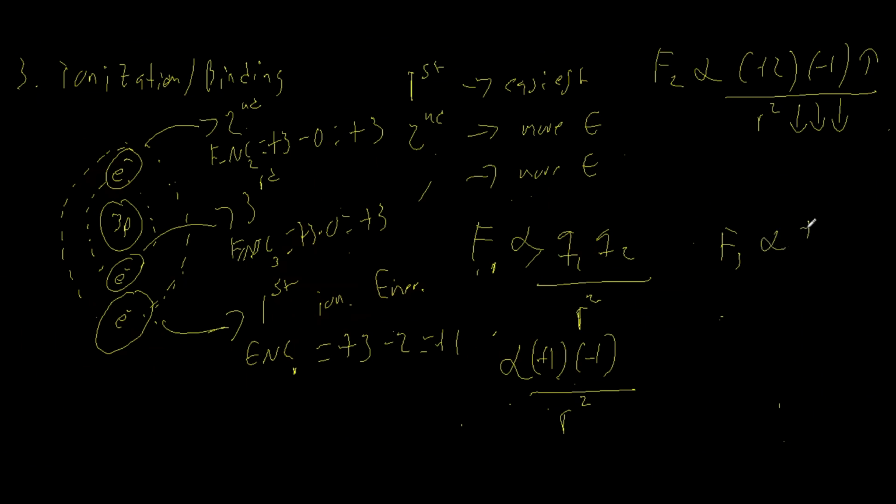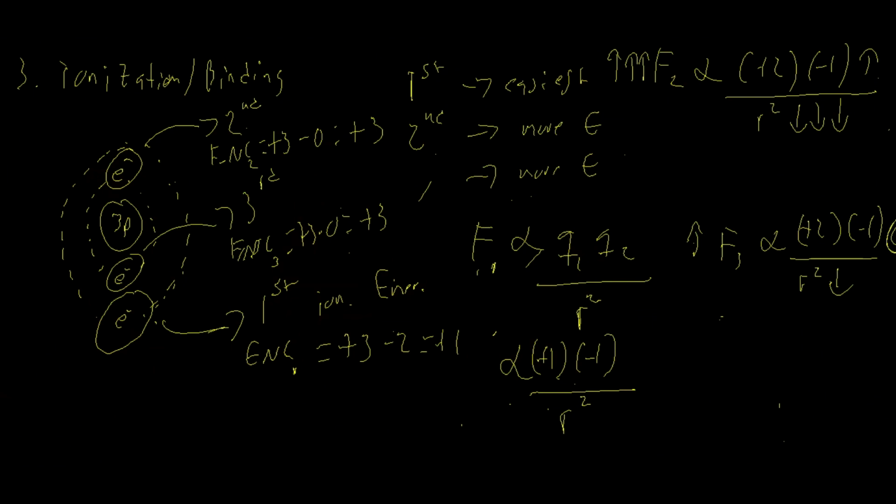Then the third one, in reference to the second one, the numerator stays the same, whereas the bottom is going to decrease slightly. Here I have F1, that'll be my constant value. F2 is much greater than F1, and F3 is going to be a little bit greater than F2. Why? This portion stayed the same, and this portion decreased slightly.